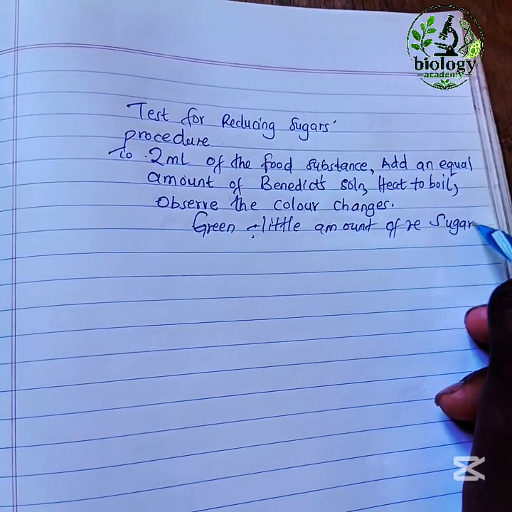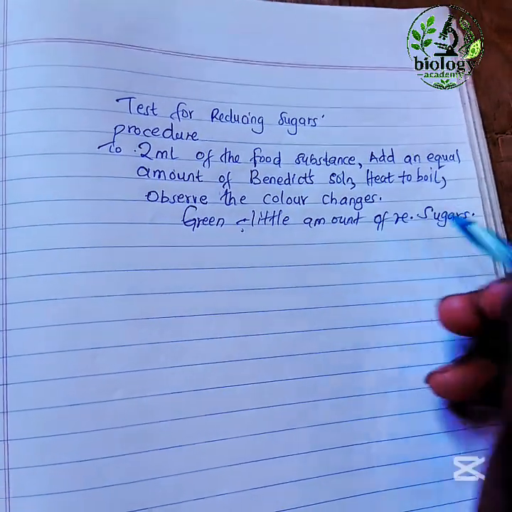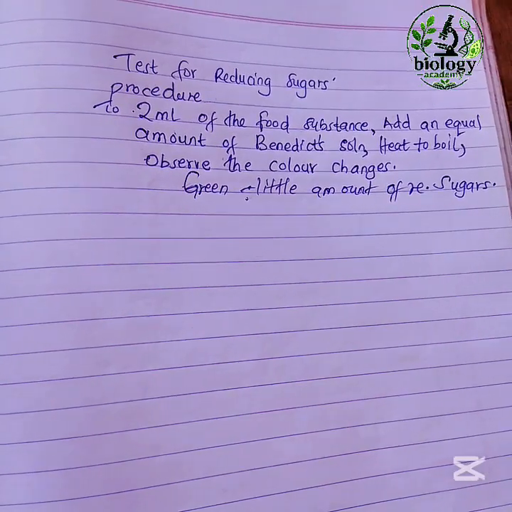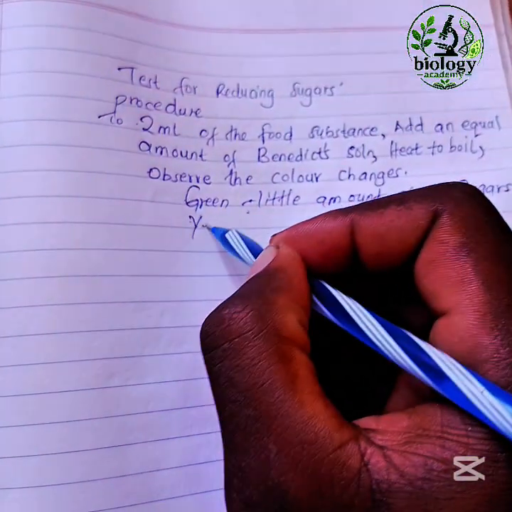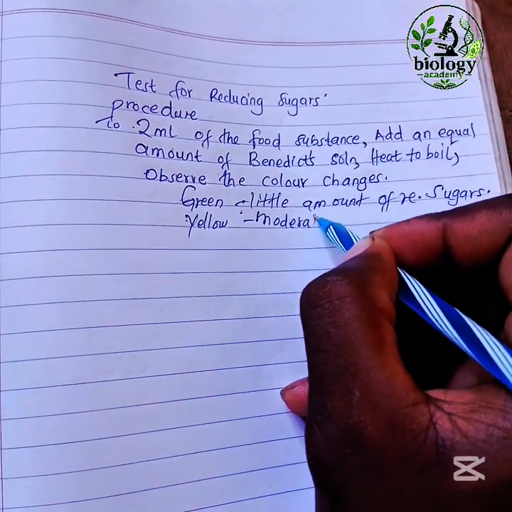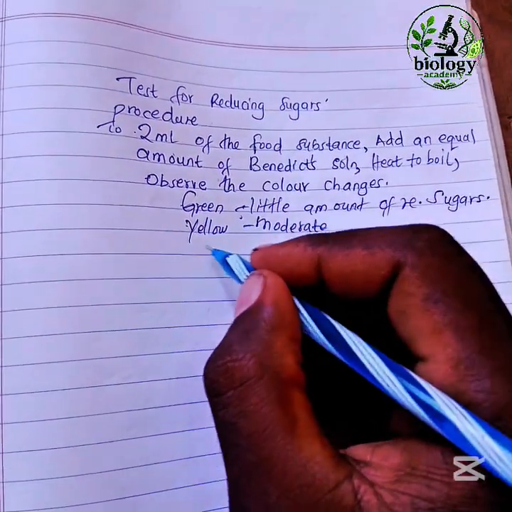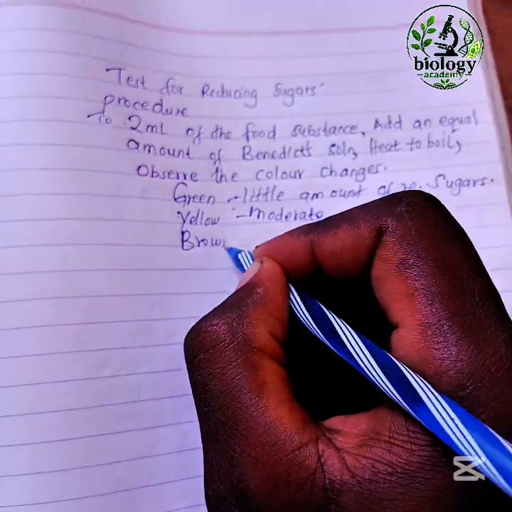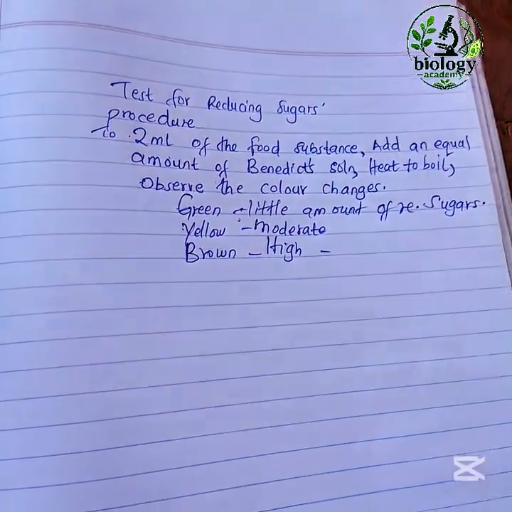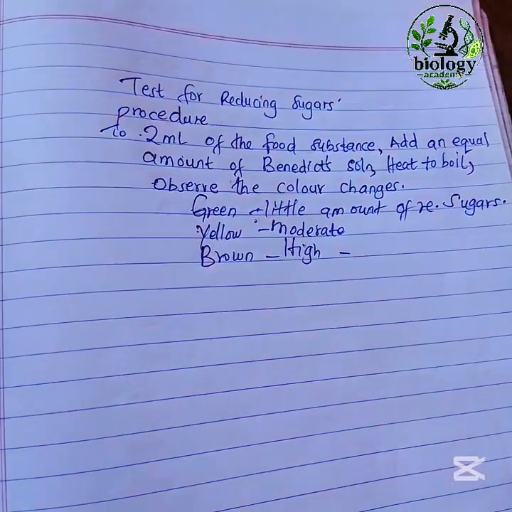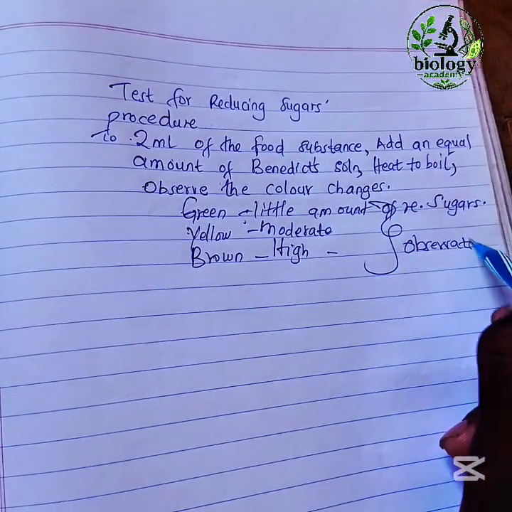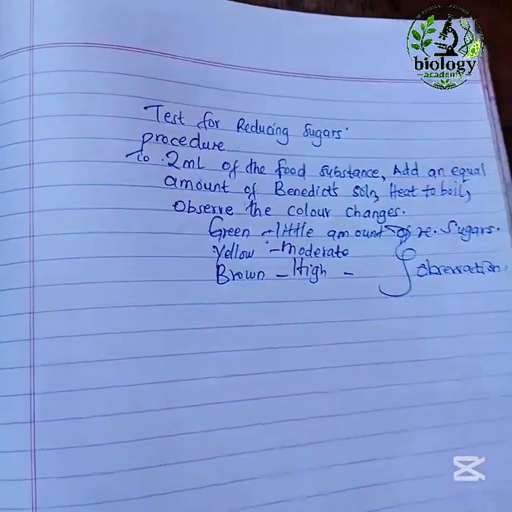It might also change to yellow, indicating a moderate amount of reducing sugars. And it might also change to brown, which indicates a high amount of reducing sugars. These are the observations you're supposed to see if you're testing for the presence of reducing sugars.